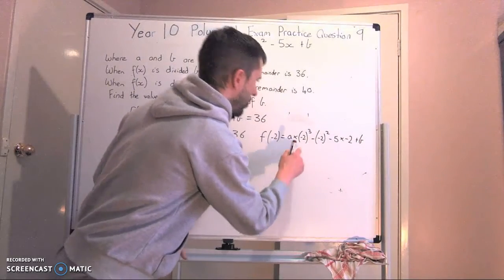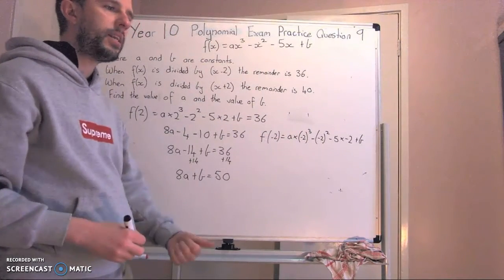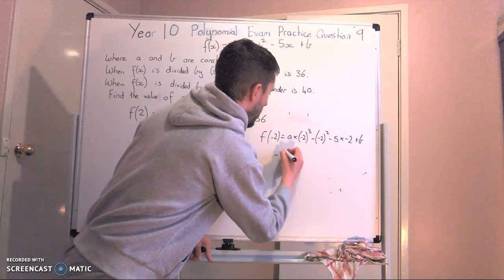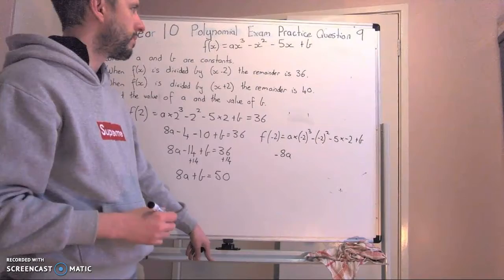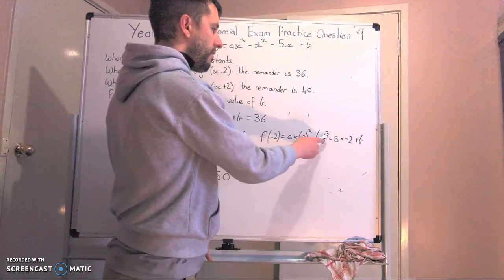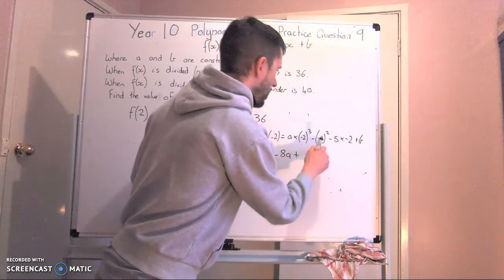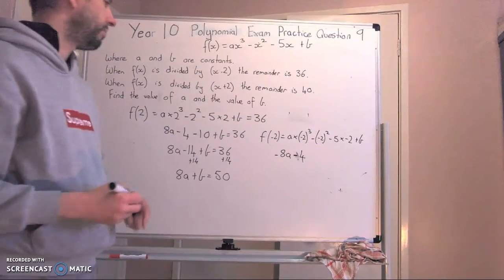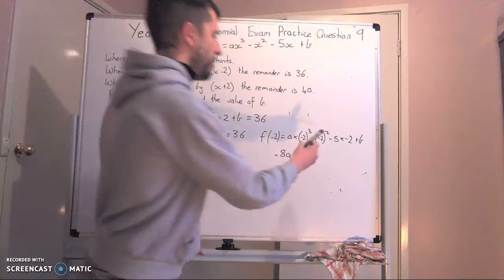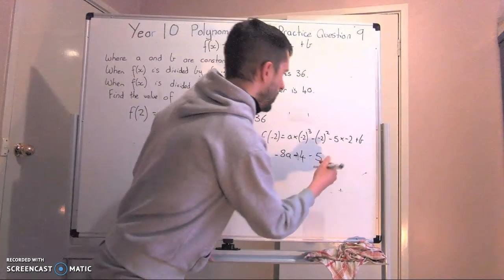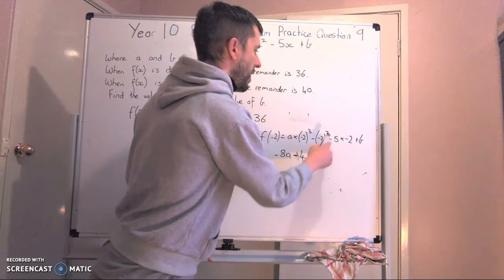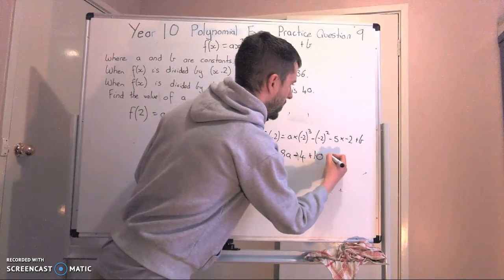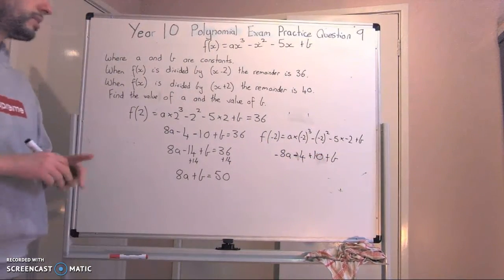Negative 2 to the power of 3 is negative 2 times negative 2 is 4, 4 times negative 2 is negative 8. So I've got negative 8a. Then negative 2 squared is positive 4, but there's a negative there, so still take away 4. Then I go to the next part, where I am taking away 5 times negative 2, and a negative is a positive. 5 times 2 is 10, plus b. So there's a few differences there.